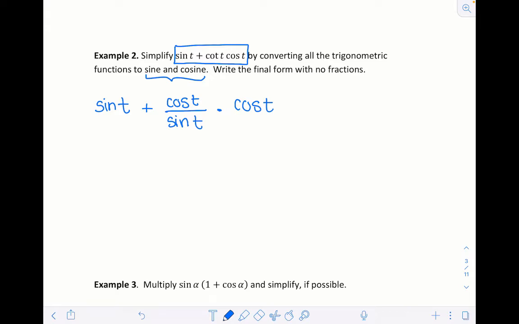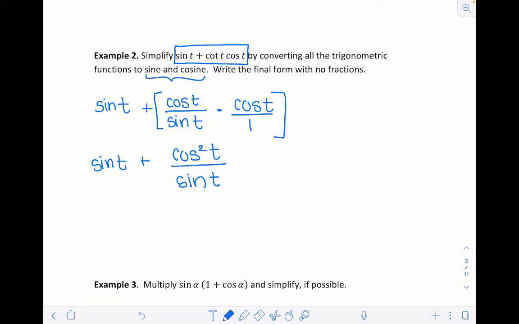So cosine, that's not a fraction, so I could always make it a fraction so that I could combine these terms together through multiplication. So I've got sine of t plus this becomes cosine times cosine, which I'm going to write as cosine squared over sine. Oops, I don't want to forget the t.